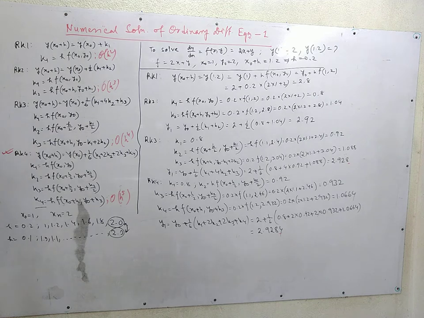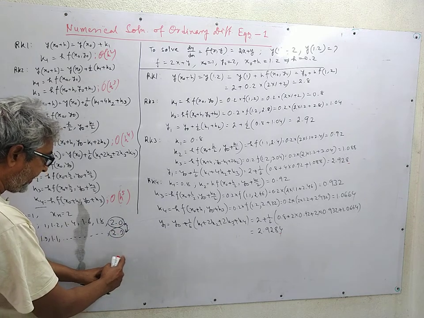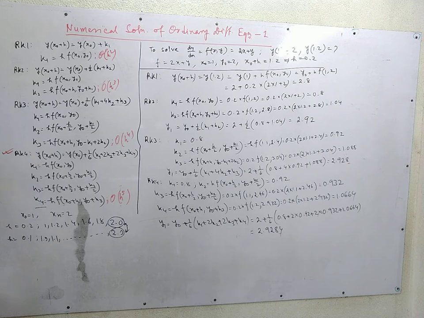If the difference is less than the accuracy, it is fine, otherwise we will take the value of y with lesser value of h, and we will recalculate the value of y at x is equal to 2 with still lower values of h, say h is equal to 0.05, and we shall compare between the two values of y at the end point to check whether the accuracy is achieved. If not achieved, then we are to go for still lower values of h. This is the method of iteration.